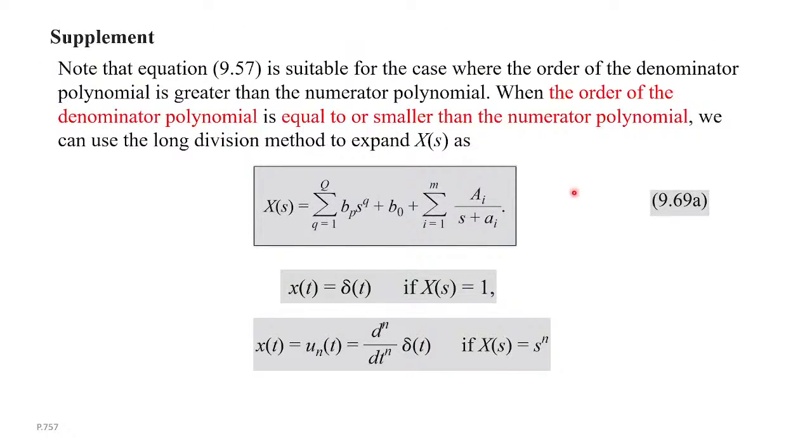And in general, you do partial fraction expansion, which gives terms like these. There might even be higher order terms, but we are skipping that here. But what we want to say is, if the denominator has lower power, you might have some quotient terms, some polynomial in s.